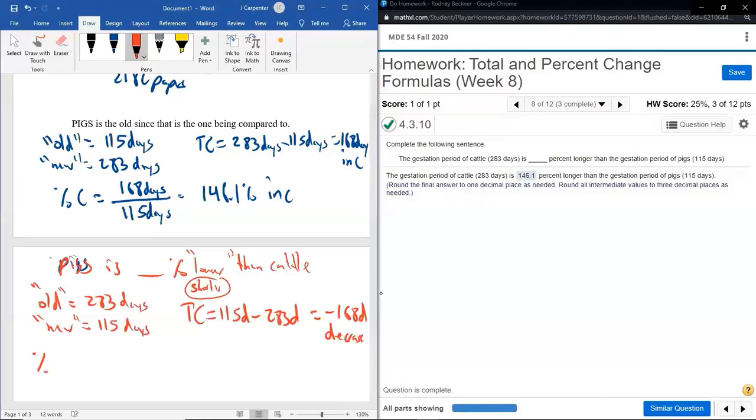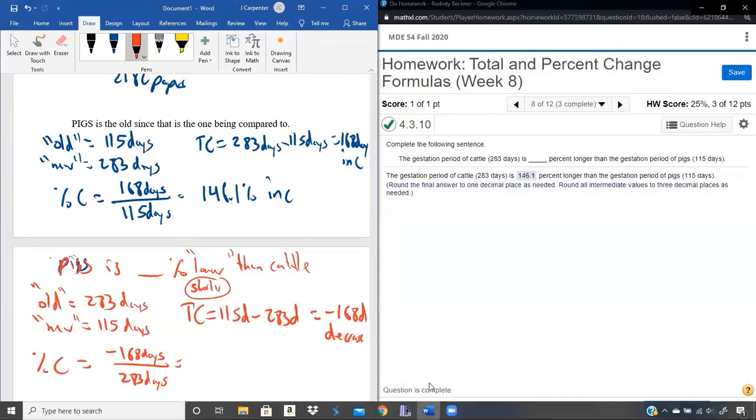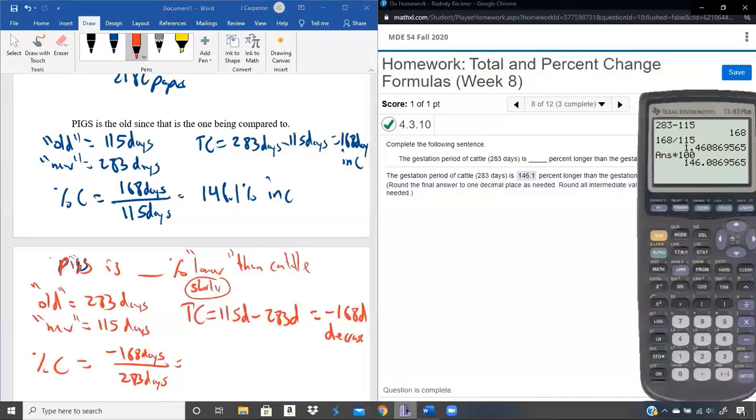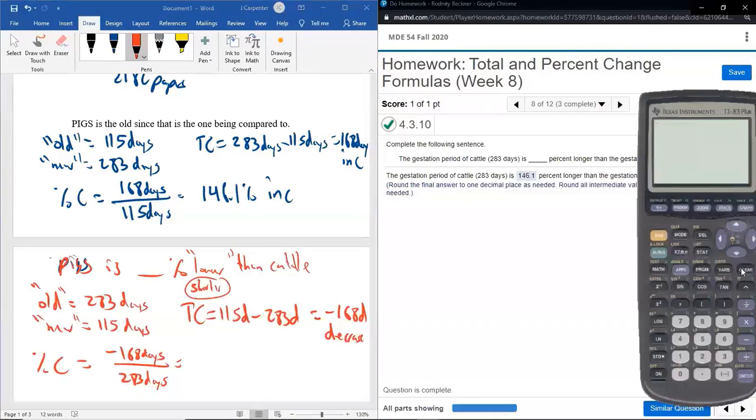As a percent change, that would be the total change of negative 168 days divided by the original, which we are now calling the 283. And when we do that division, negative 168 divided by 283, we get negative 0.59, blah, blah, blah.